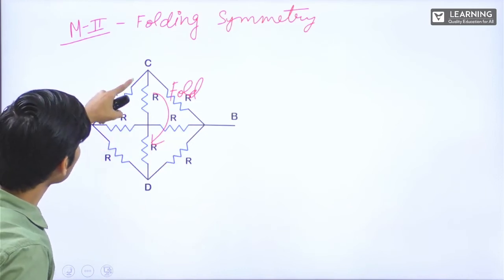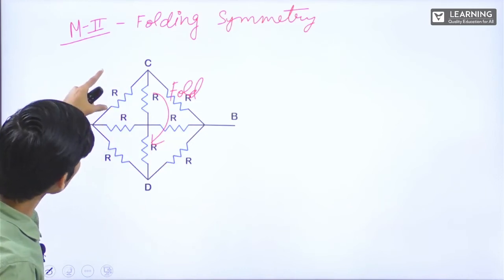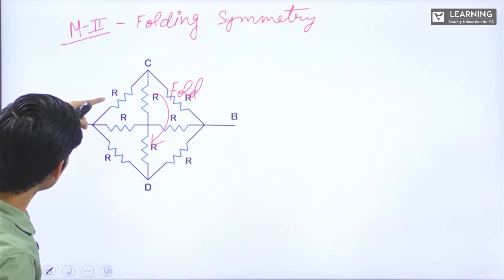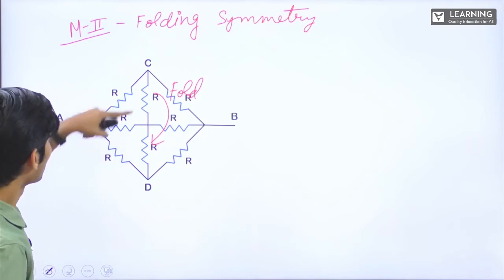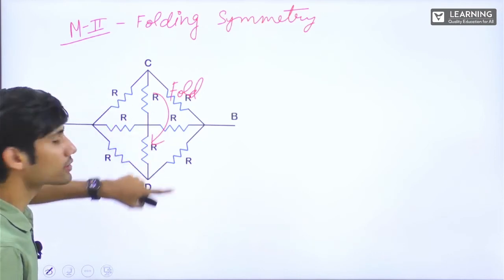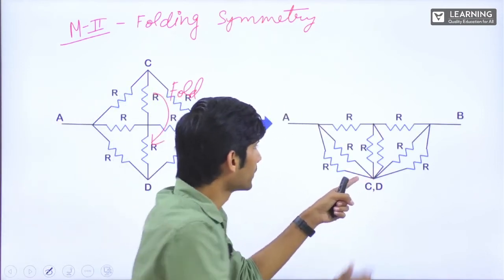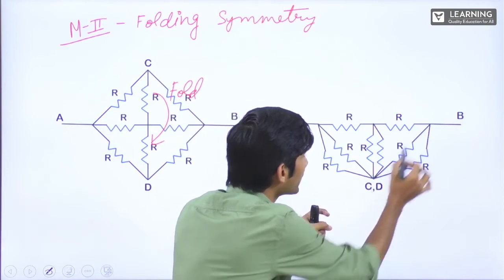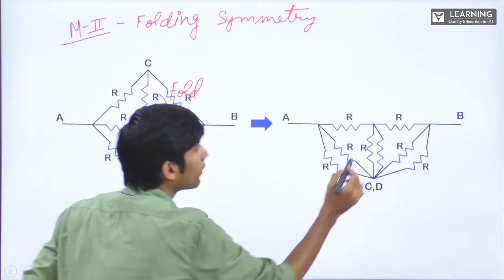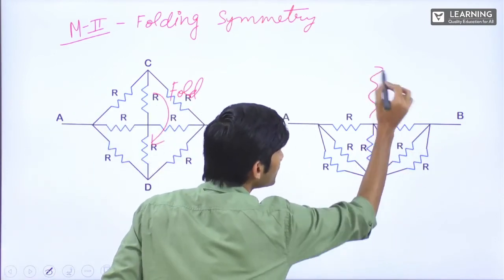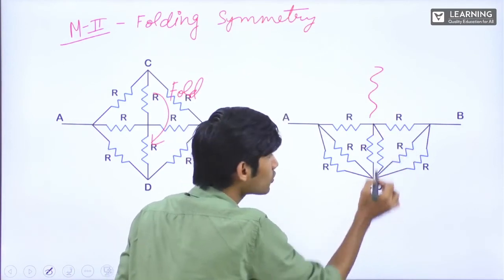So now, if C and D join, this and this will become parallel. This and this will become parallel. This and this will become parallel. See, C and D are joined here. So this was already there, this was already there, this was already there, these three. Now this one which was here overlapped this, correct? These two are parallel now.